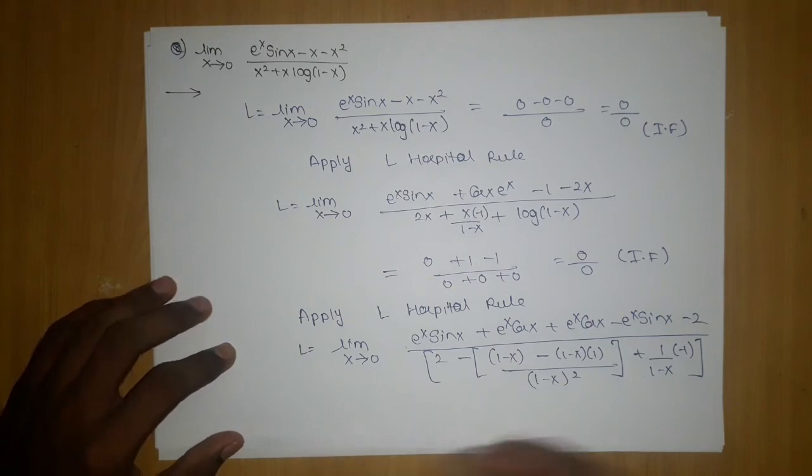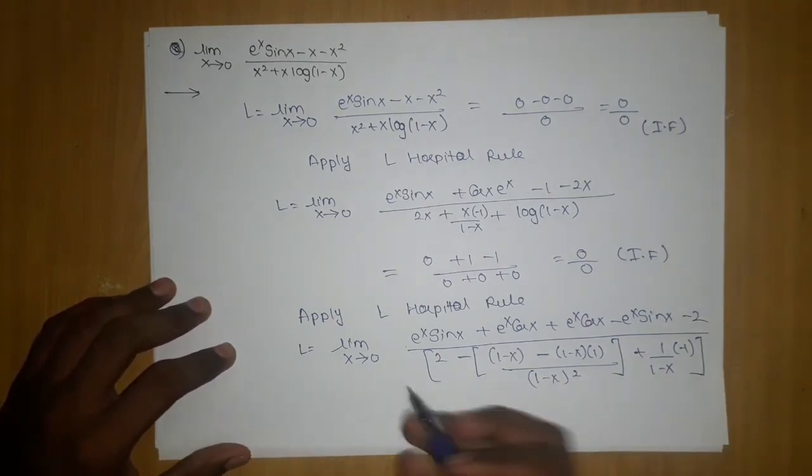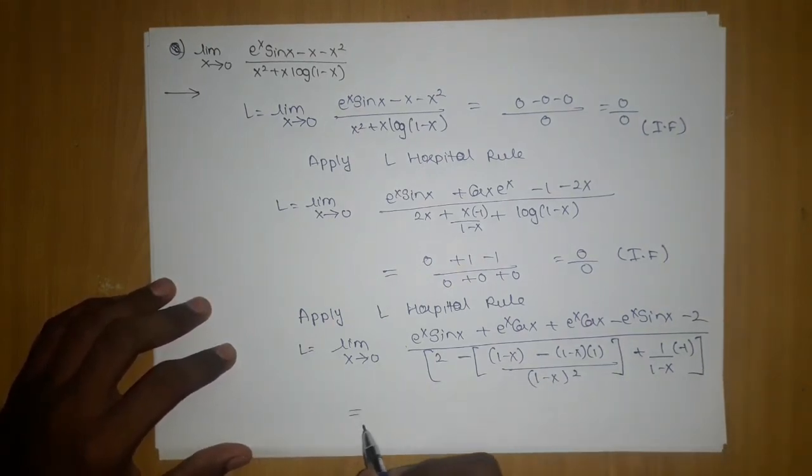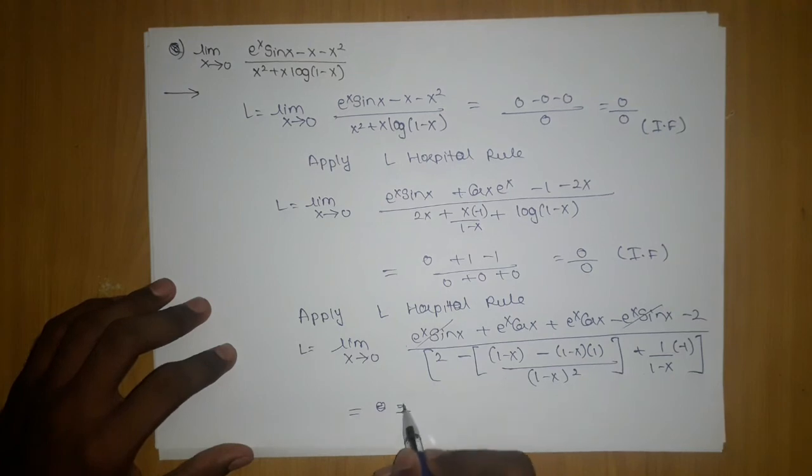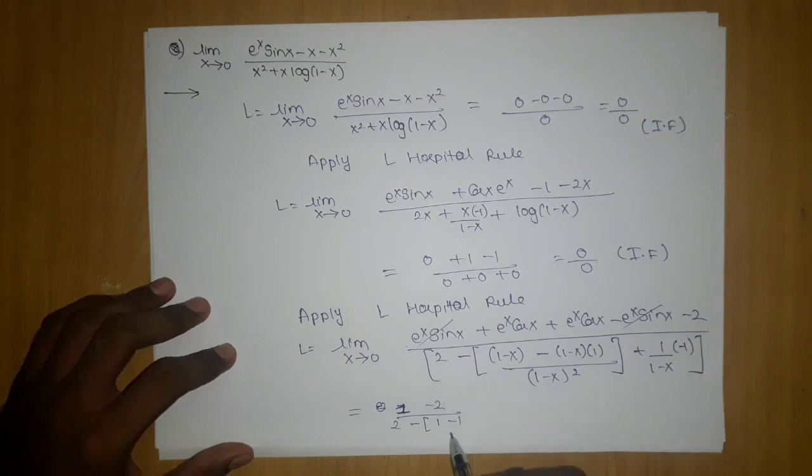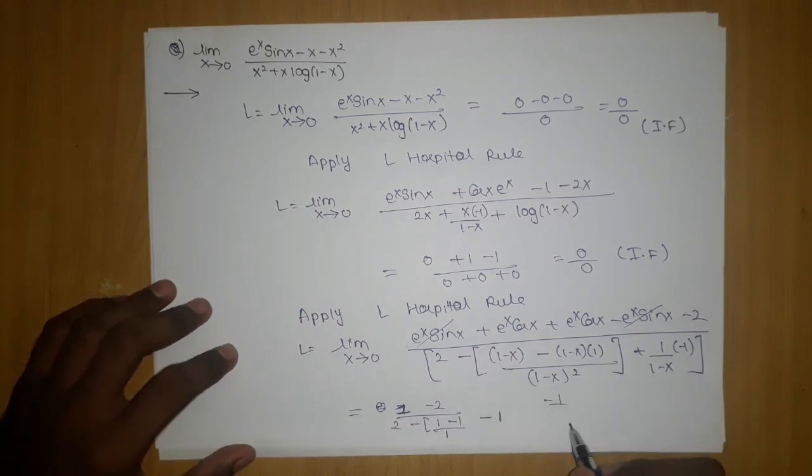If we simplify or substitute the values and can get the direct values, then it will be fine. This and this will cancel out, and we are left with 1 here, minus 2 upon 2, and here 0 is there, and this will be minus 1. So we are getting minus 1.